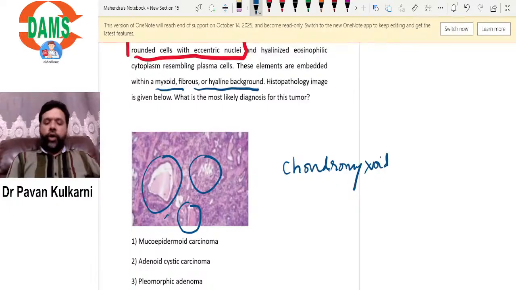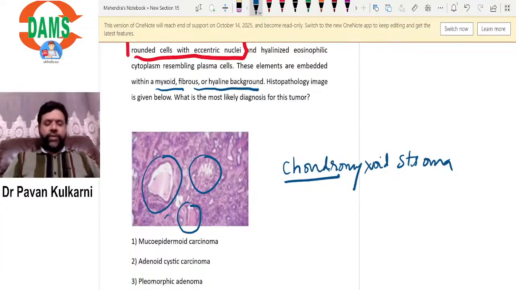Actually, chondroid part is not seen here in this image, but this is a very typical stroma that you see in case of the PLG. So in this image, we are not able to see the chondroid area. What is chondroid? Chondroid means cartilage-like.